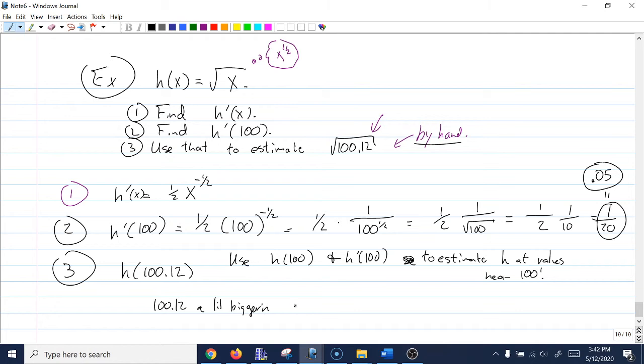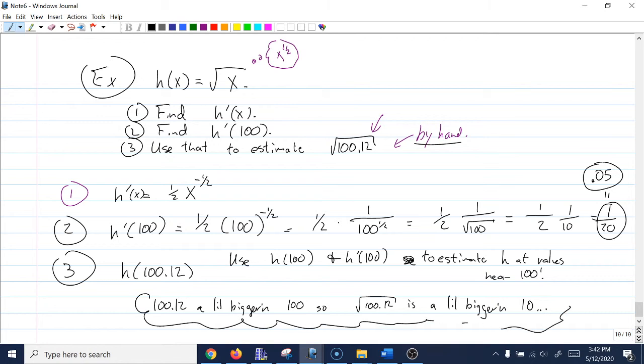So the square root of 100.12 is a little bigger than 10. This is like an estimation you can make in middle school or whenever you learn what a square root is.